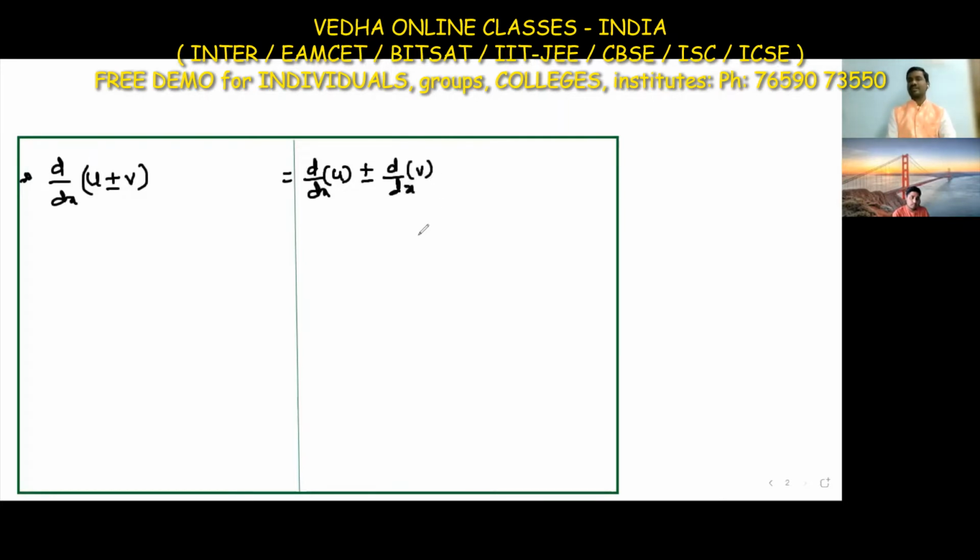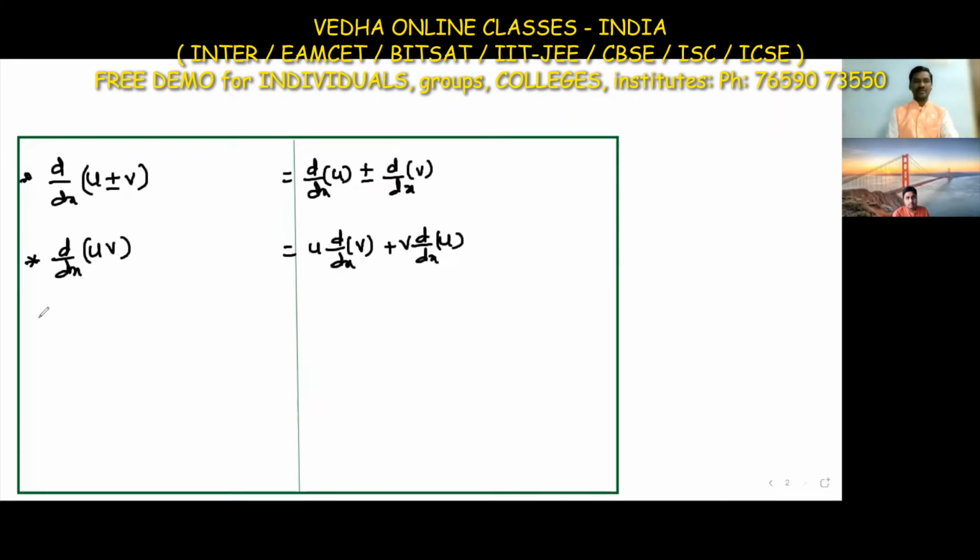For the product u into v, we write u outside and d by dx of v, plus v outside and d by dx of u. One function outside, differentiating the other.